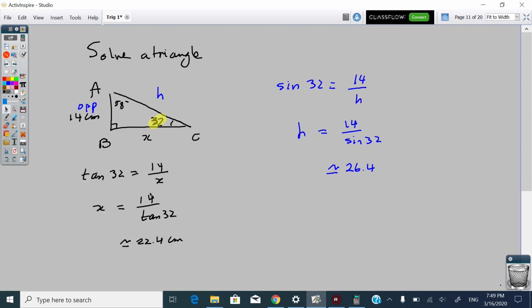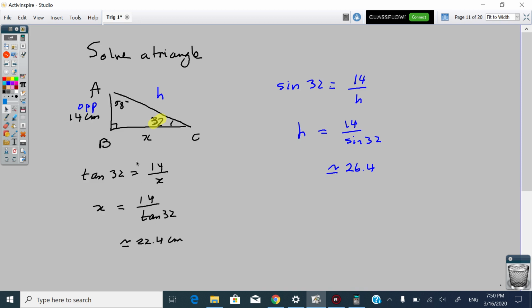So by a little rearrangement, cross multiply, divide by tan 32, you get x equals 14 over tan 32, and that's 22.4 centimeters. Obviously you could have used the 58, but in that case the x would be the opposite and the 14 would be the adjacent, and you still get the same value.